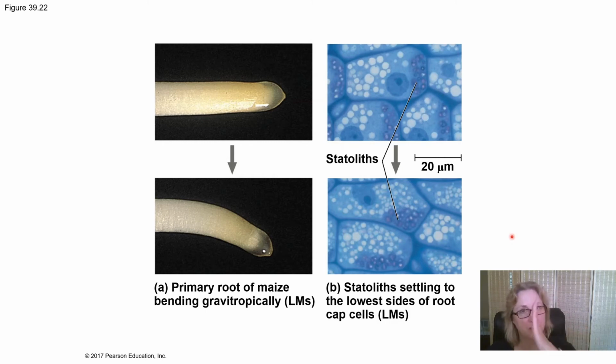If it's a shoot, that signal is going to be interpreted in the opposite way, and they're going to go up. Not all plants have statoliths that we can see, and it's thought that also the settling of just the ordinary organelles inside of the cells in response to gravity also triggers this same response.